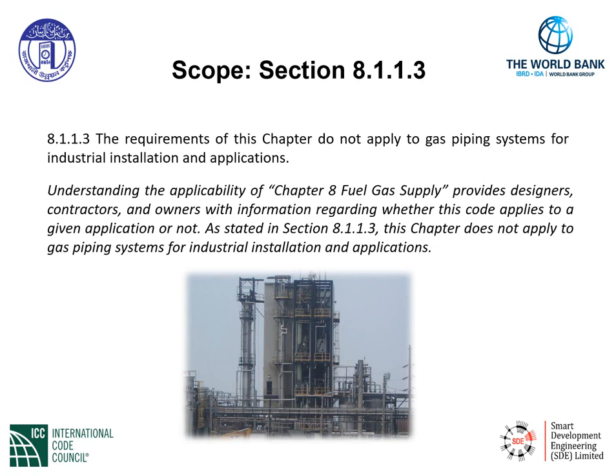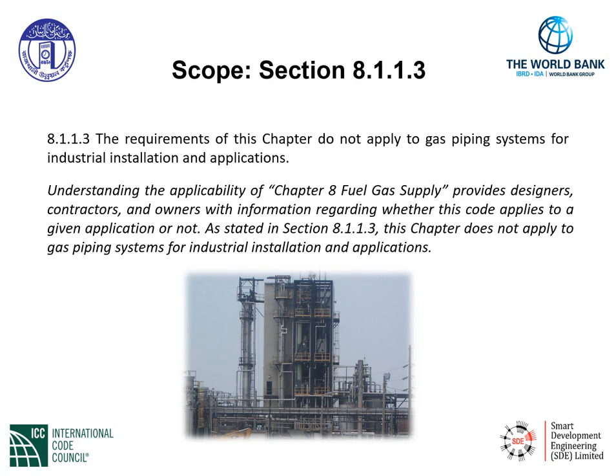Section 8.1.1.3 gives us requirements of this chapter that state that it does not apply to gas piping systems for industrial installation and applications. So we must completely understand here that Chapter 8, Fuel Gas Supply, provides designers, contractors, and owners with information regarding whether this code applies to a given application or not.